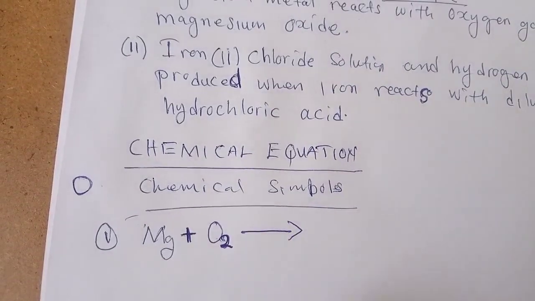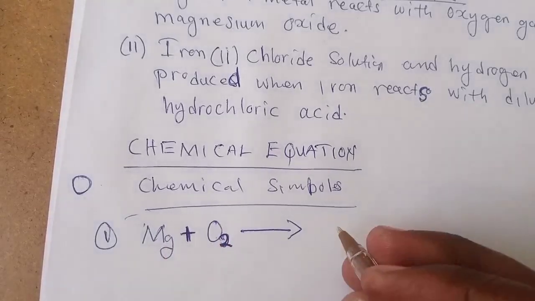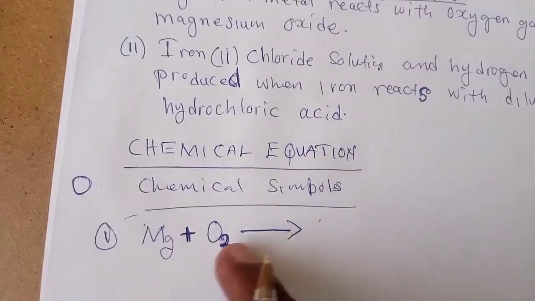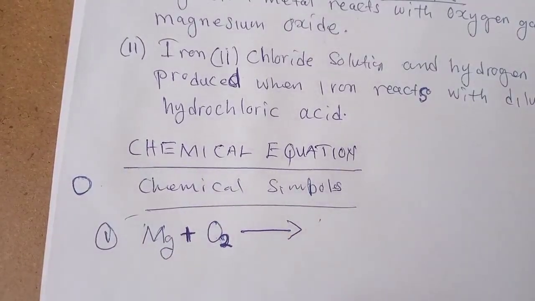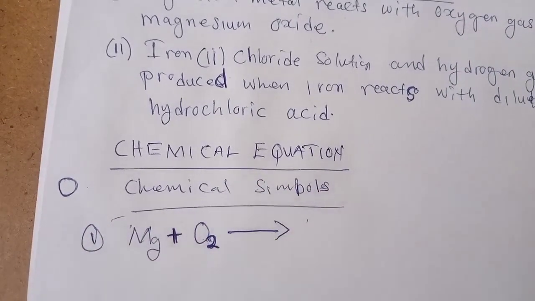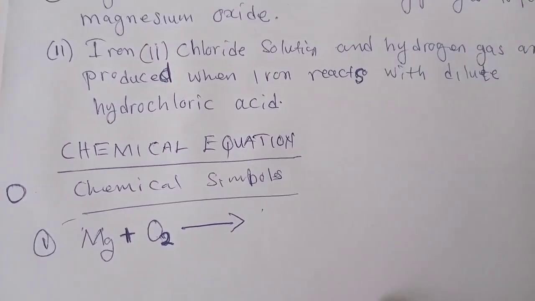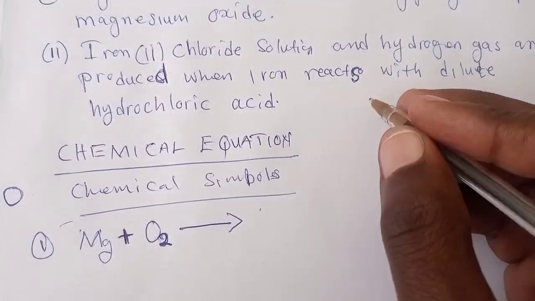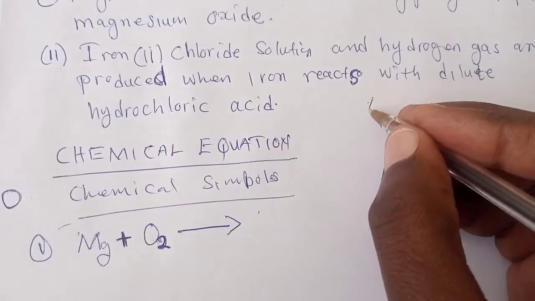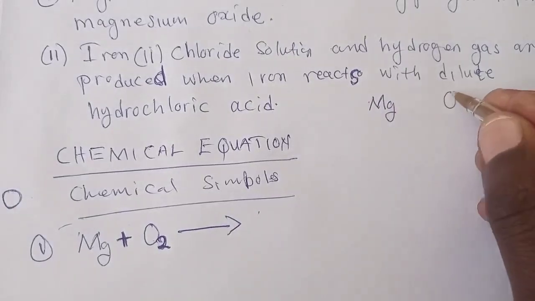This symbol represents 'to form'. So when magnesium and oxygen react, it will produce magnesium oxide. If you remember how I taught you to form a chemical equation, you write magnesium, and here oxygen.